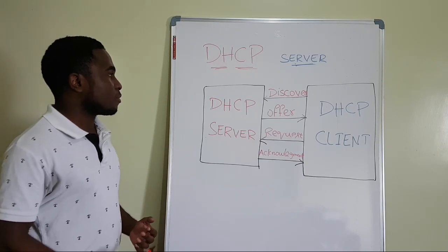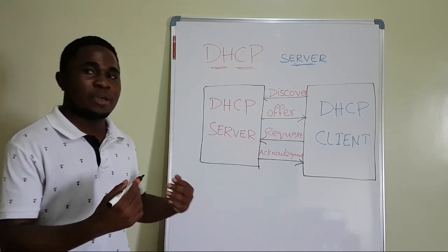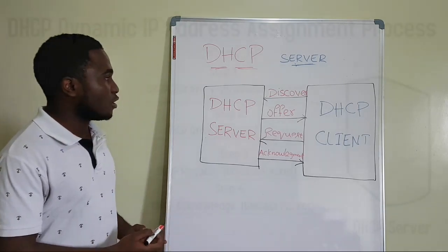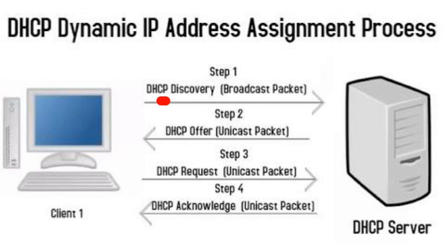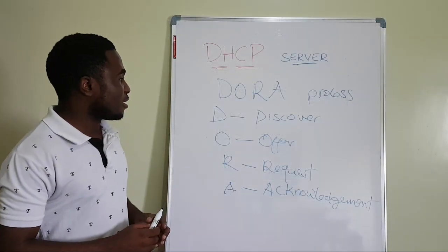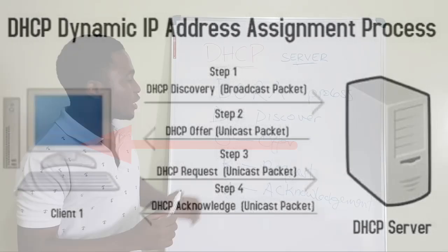As I said, the DHCP client has to ask for the IP address from the DHCP server. At first, the client computer will send a discover message to the DHCP server. The DHCP server will give an offer, that is, a scope of IP addresses to the client.